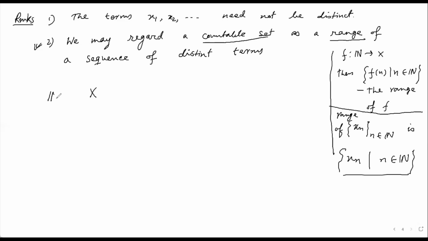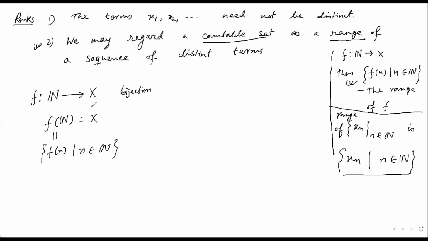That is, we have a bijection from N to X. Let's say f is a bijection from N to X. This is also a sequence, and the range of it, the set f of n where n belongs to the set of all natural numbers, is equal to X. This sequence has distinct terms, because f is a bijection, and in particular injective.